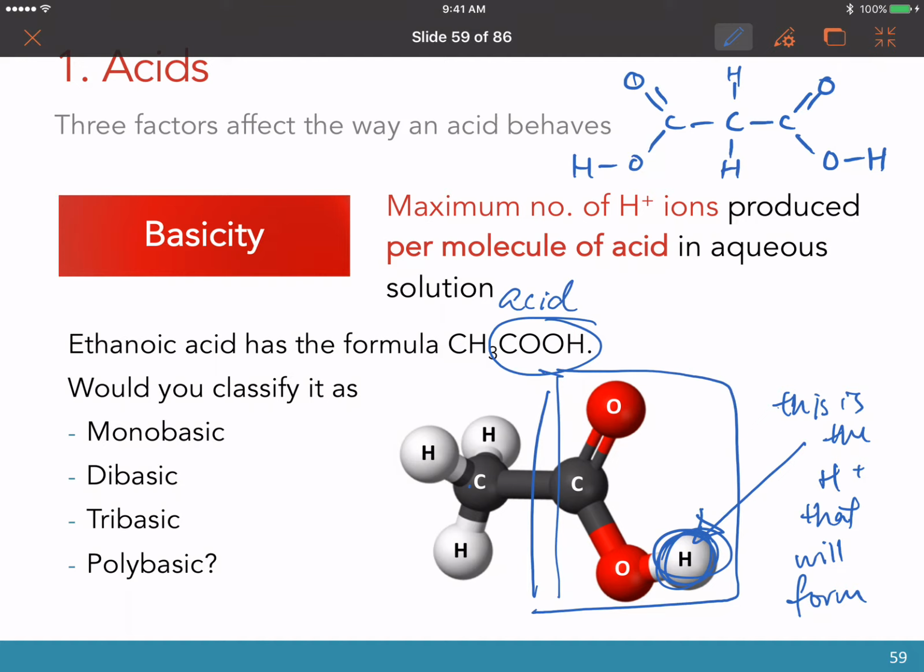What is the basicity of this compound? The answer is dibasic because only these two hydrogens will be produced. If you look at it, there are two acid groups, so therefore it's a dibasic acid.